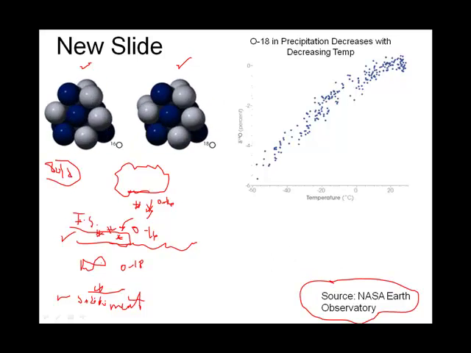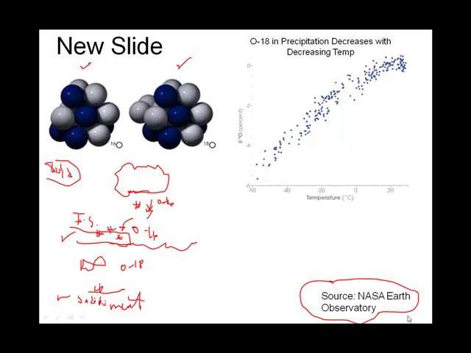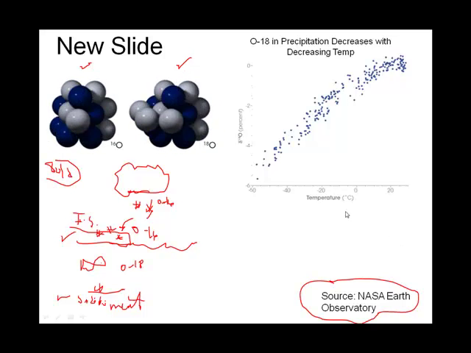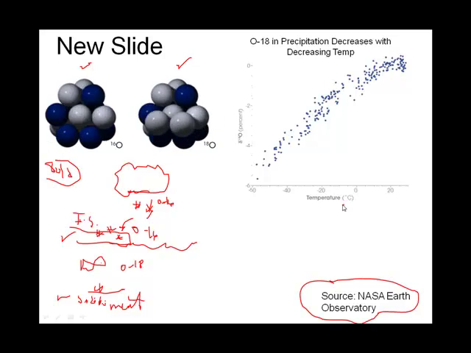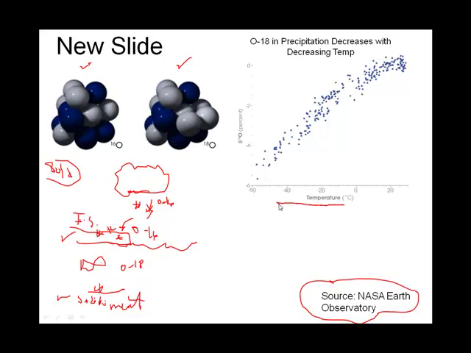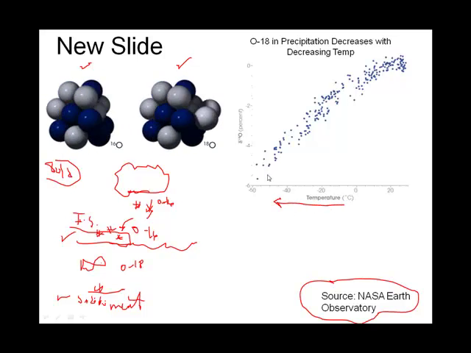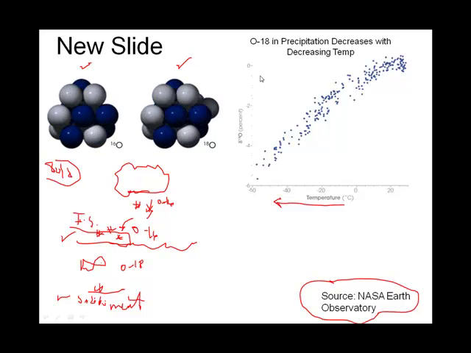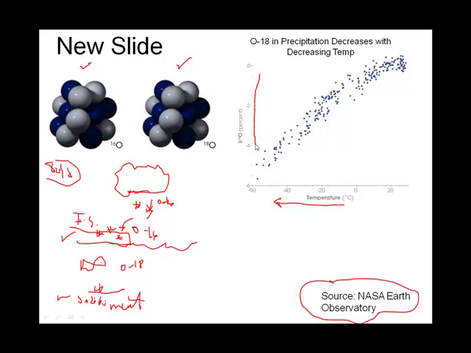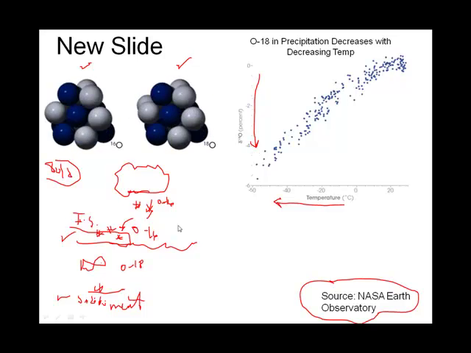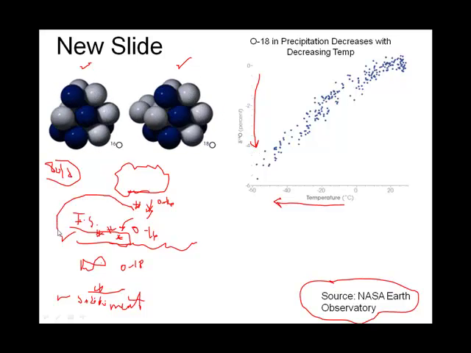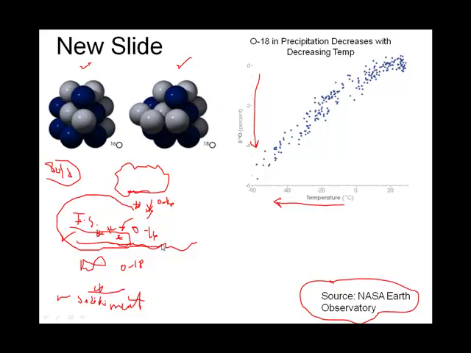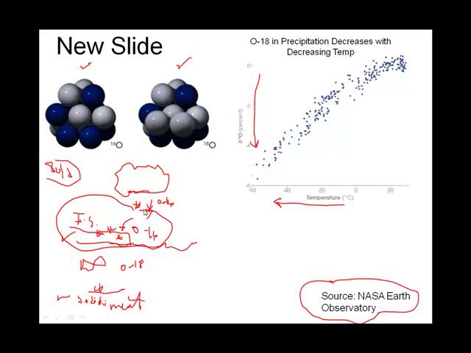But what this is showing you is what I suggested a minute ago, that the colder the temperatures, that's along the x-axis, so here's decreasing temperatures, notice that the amount of that oxygen 18, that rare isotope, goes down. That's why during ice ages, our ice sheets are depleted of oxygen 18.